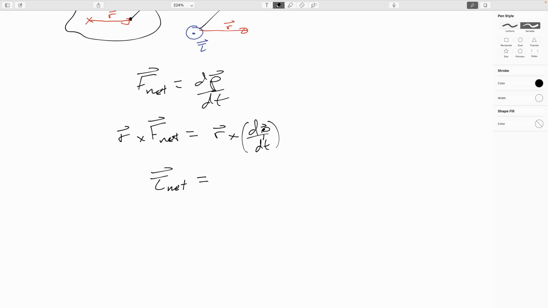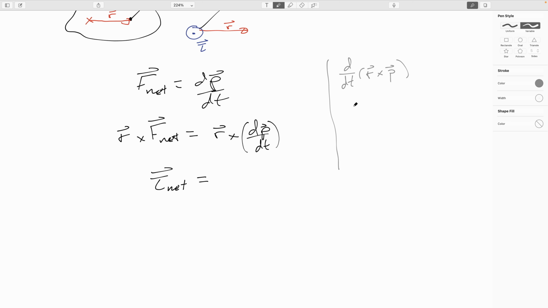But now with this right-hand side here, I'm going to pull a little bit of mathematical sleight of hand. I'm going to say, think about the quantity d/dt of r cross p. So the cross products obey the product rule just like normal products do.